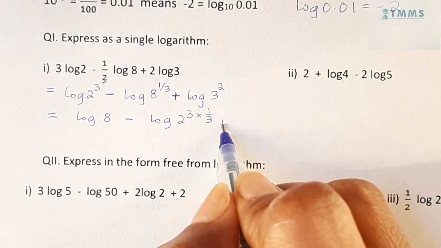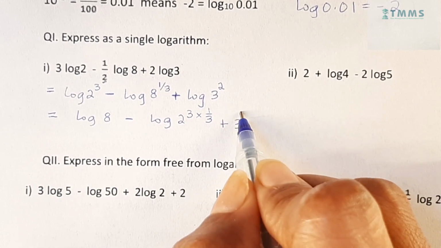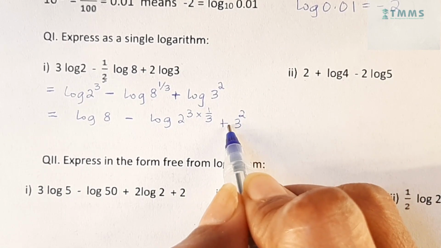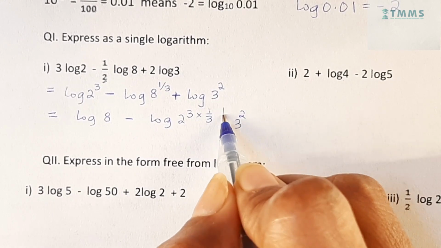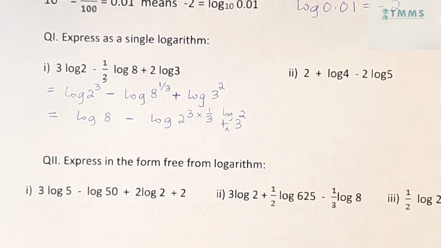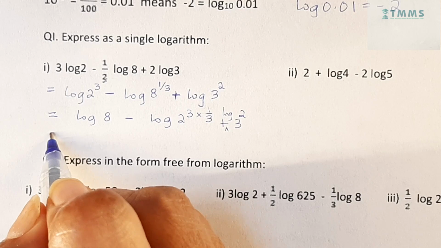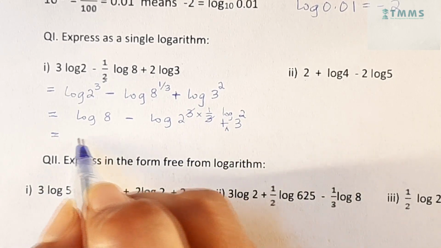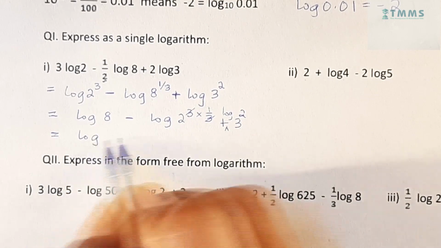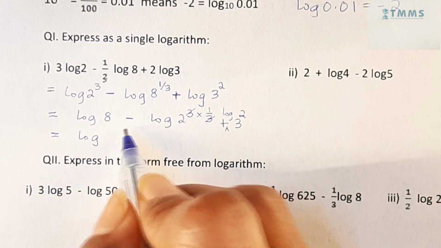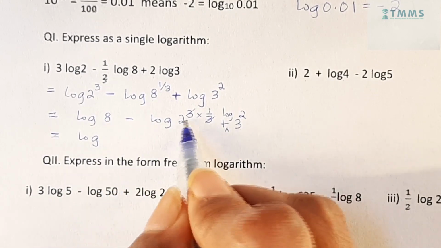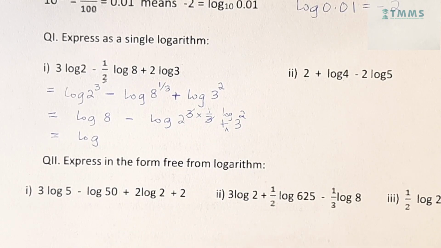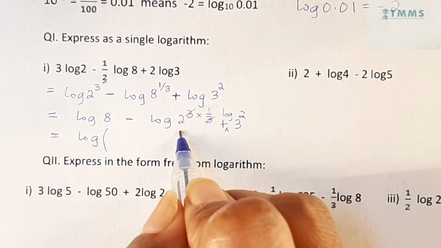Then we write plus here 3 to the power 2, and this is the log of 3 to the power 2. Now here this 3 and this 3 get cancelled, and we have log of... can you see when the logs are subtracted, the numbers are divided? So we will put a bracket.